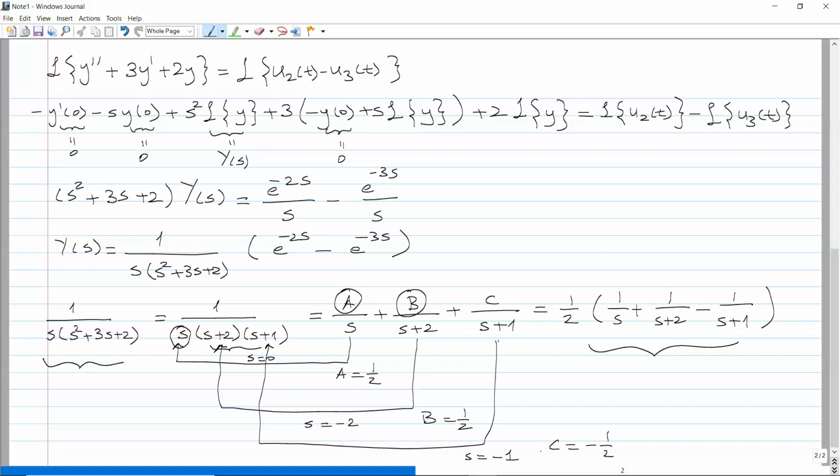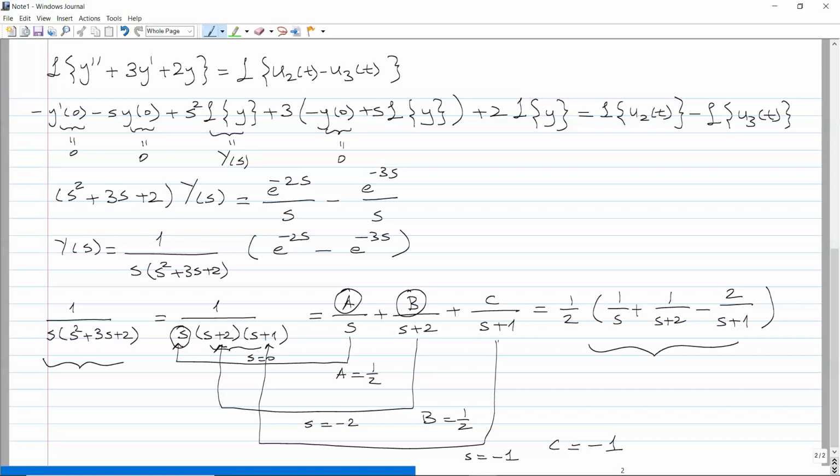Oh, I see. For C, I put s equals minus 1. s is minus 1, and s plus 2 is plus 1. So C is minus 1, not 1/2. Right? C is minus 1. So here, since I factored out 1/2, here I take 2.